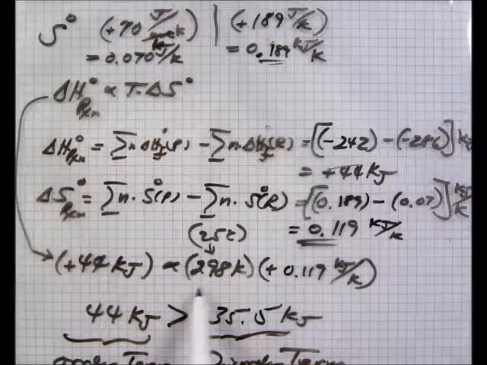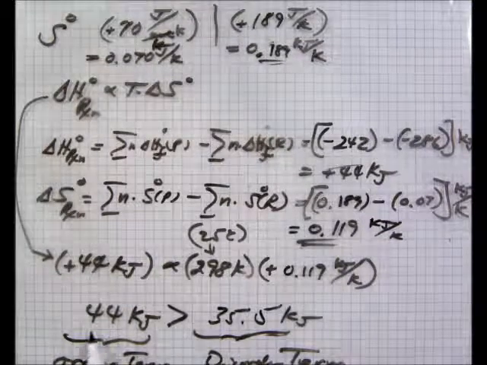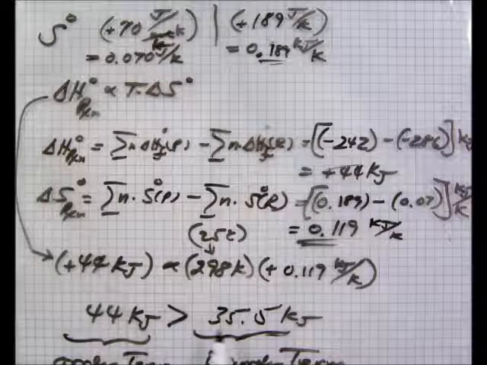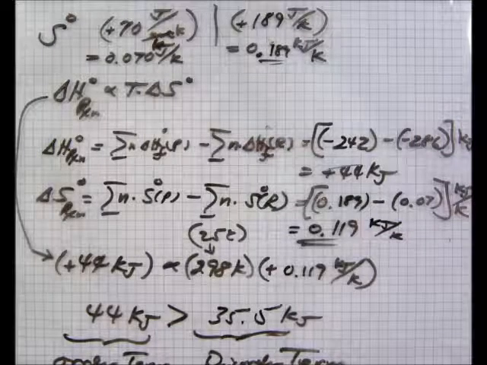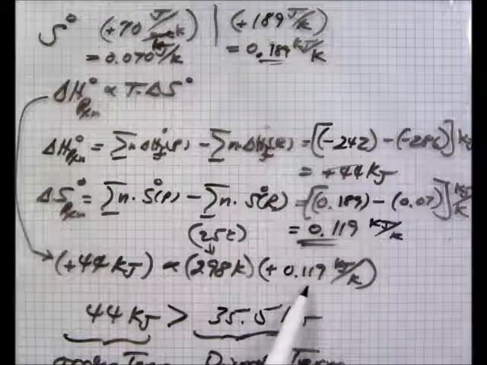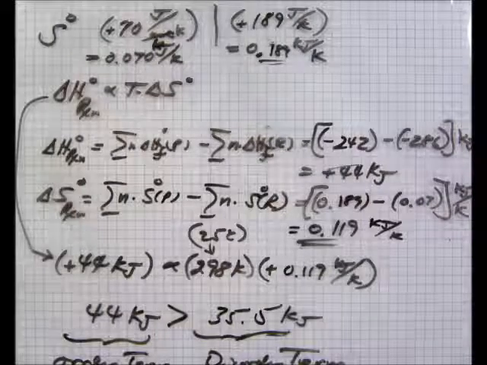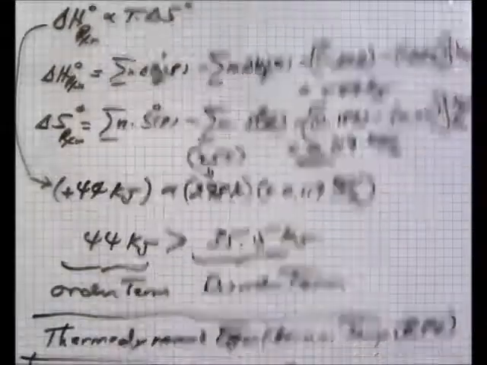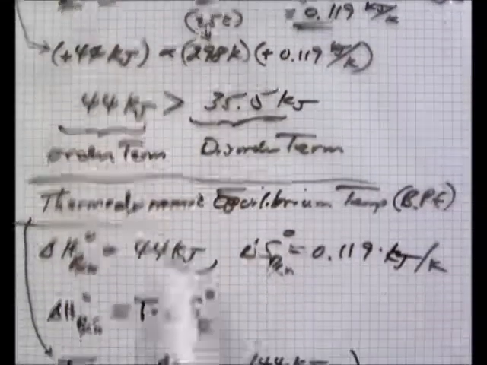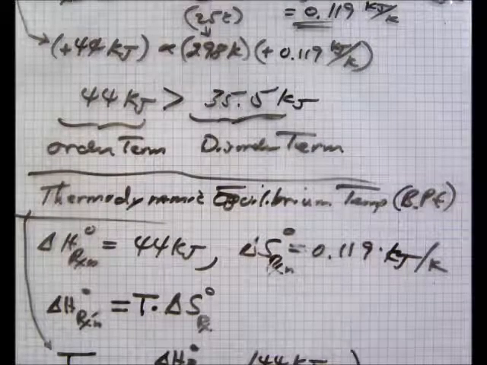Plugging it in here, we still get a non-spontaneous relationship, 44 for the order side and 35.5 for the disorder side. So 298 times 0.119 gives you 35.5.